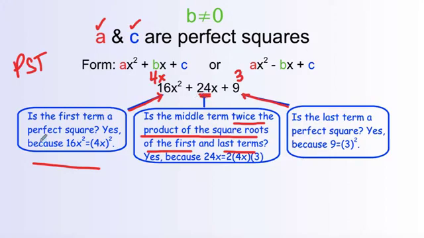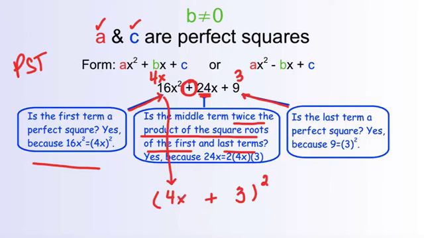So this is a perfect square trinomial. To factor it, I take the square root of the first term, which we already said was 4x. I take the square root of the last term, which is 3. I always take the sign of the middle term, and this would be a quantity squared: 4x plus 3 quantity squared.